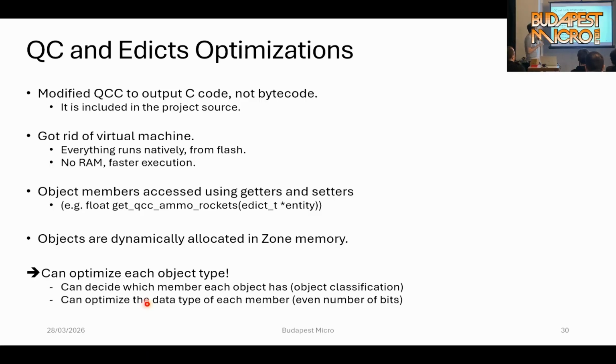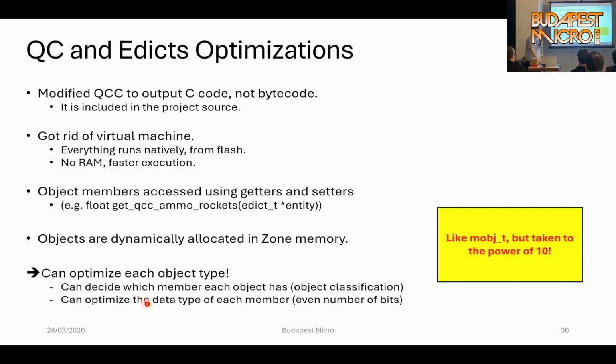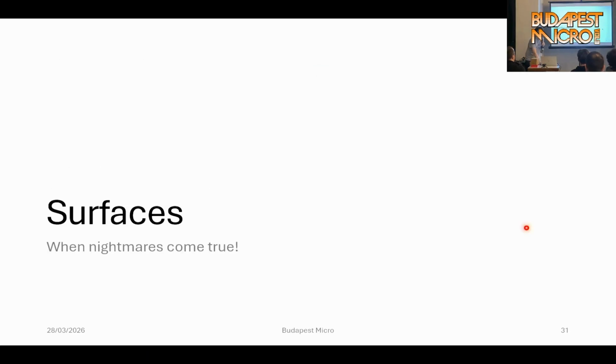I can decide which object has which members, and also the member size and the data type. Basically, it's like the mobj, but taken to the power of 10. And yes, of course, it fits the memory.